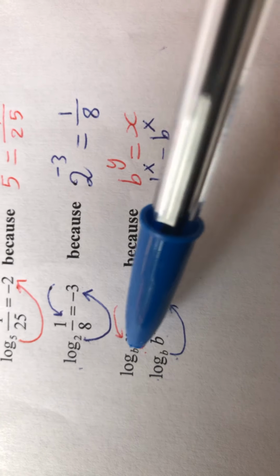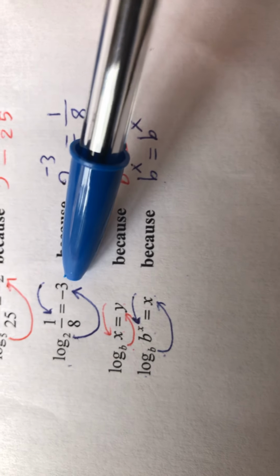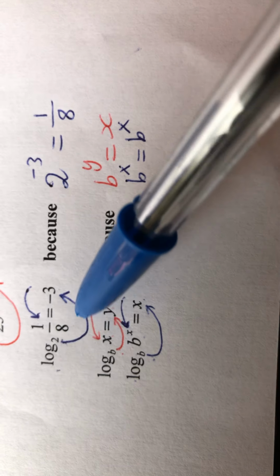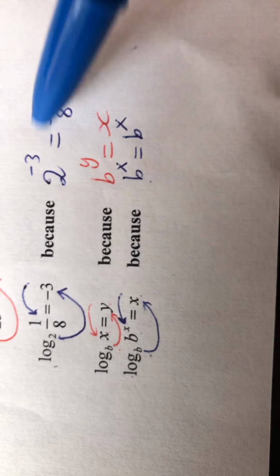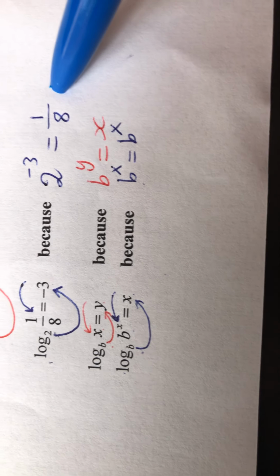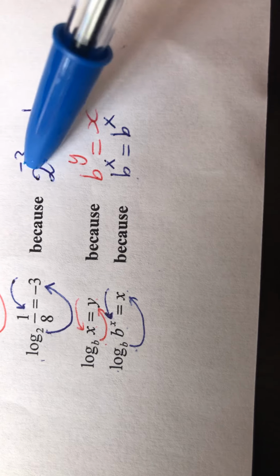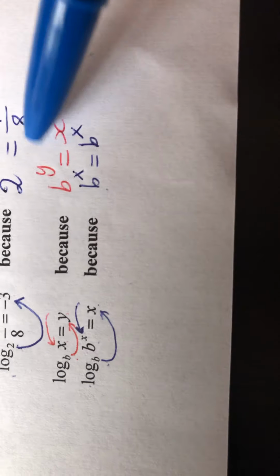And similarly here, log with base 2 of 1 over 8 equals negative 3, because 2 to the negative 3 equals 1 over 8. 2 to the negative 3 is 1 over 2 cubed, and 1 over 2 cubed is 1/8.